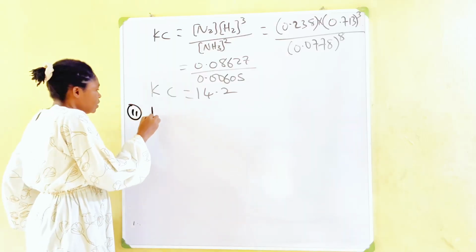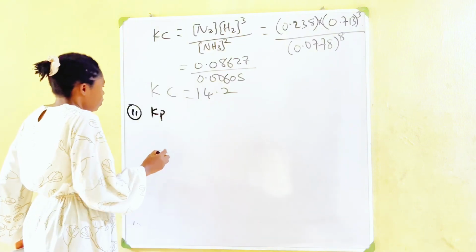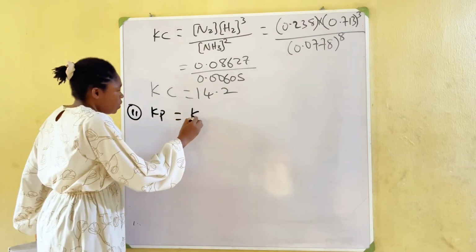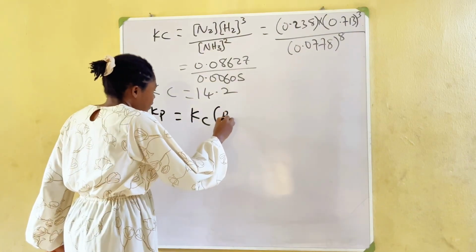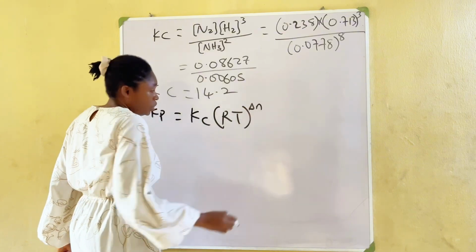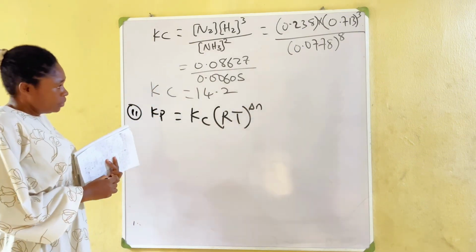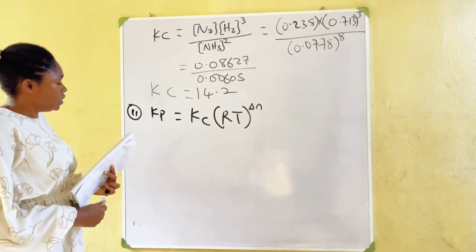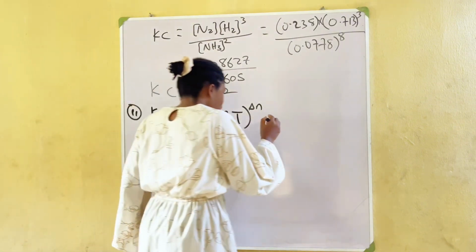We have to calculate Kp. So Kp is equal to Kc times gas constant and temperature raised to the power of the change in stoichiometric coefficient. All right, let's put our parameters together.